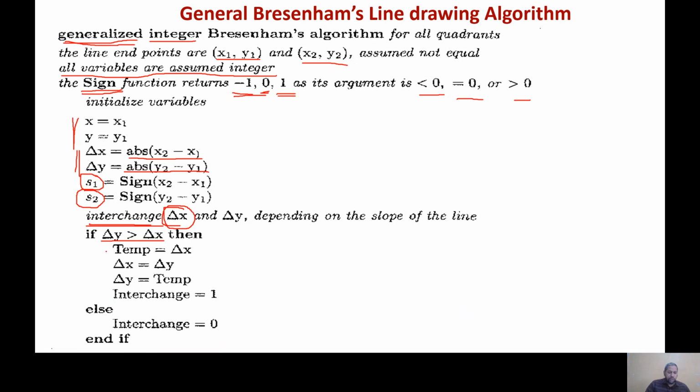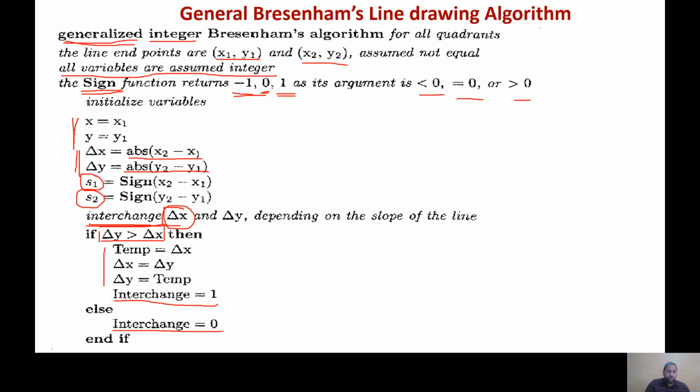This is the interchange or swapping of delta y and delta x, and I put interchange equal to 1. So we have to keep in mind that if interchange is equal to 1, it indicates that the value of delta y is greater than delta x. Else interchange is equal to 0.